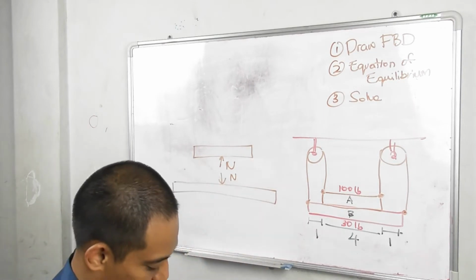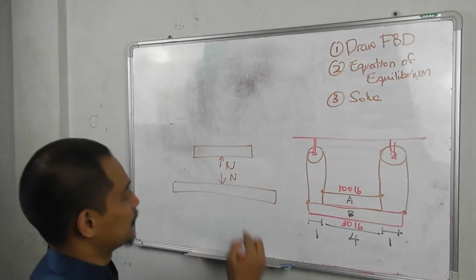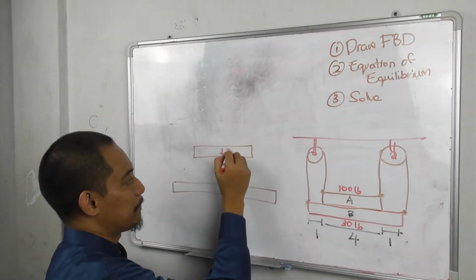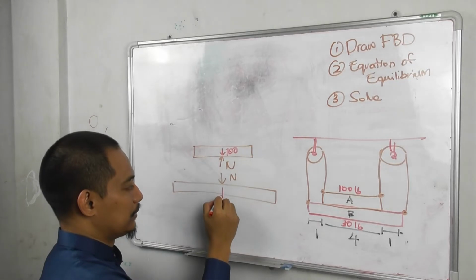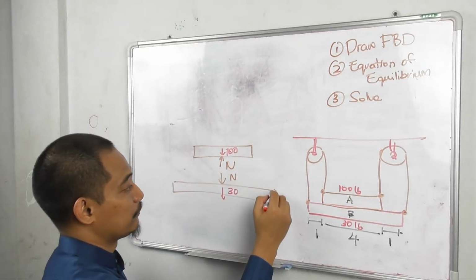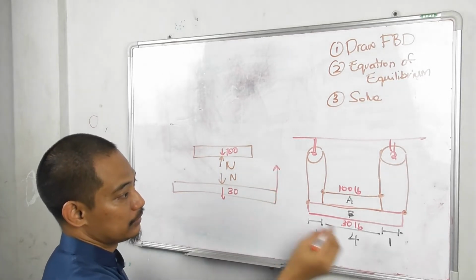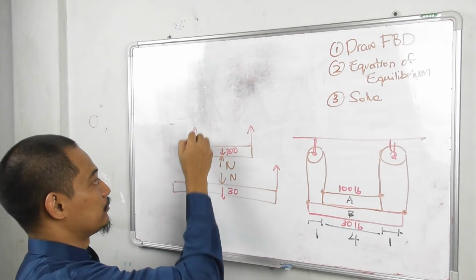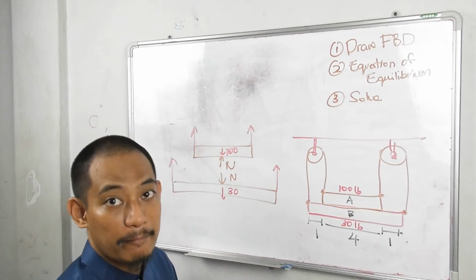And it already gives you the weight. So this weight here is 100. This weight here is 30, right? And also you have the force here to the cable, force here to the cable, force here to the cable, force here to the cable, right?